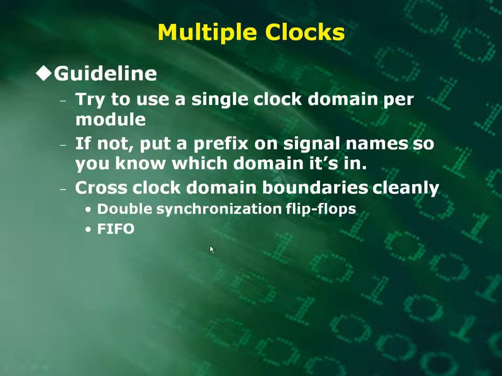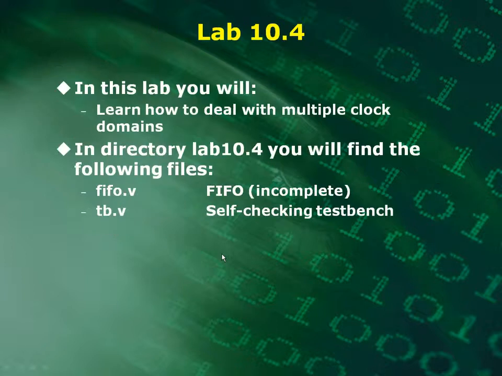But the signal we're trying to capture out of the fast domain is only 1 clock wide. Well, then the slow domain may never capture that. So you're going to have to use a slightly different technique, but still do your double buffering. These are a couple of the methods. In Lab 10.4, you're going to learn a little about how to deal with these multiple clock domains.